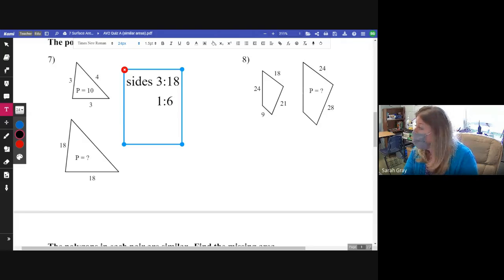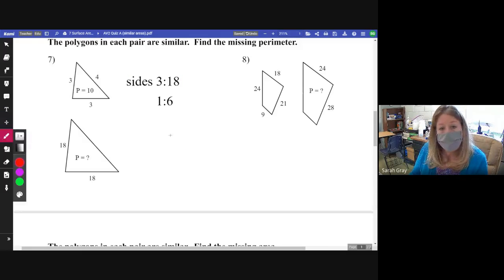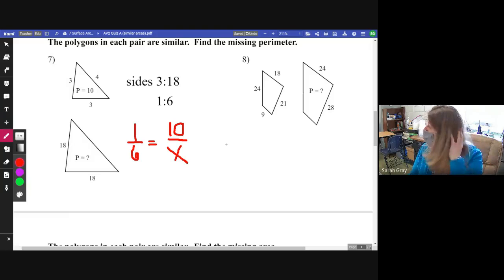That means the ratio of my perimeters also needs to be 1 to 6. So here is where we do cross multiplication. The ratio is supposed to be 1 to 6. I know the small one is 10. Trying to find the large one. So I get a perimeter of 60.